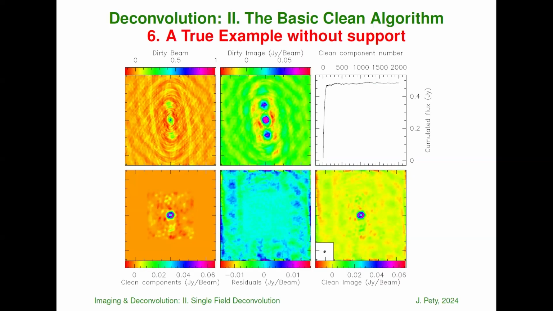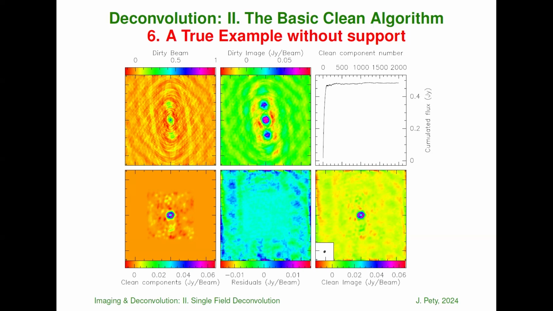So here I'm showing the dirty beam, the dirty image, and the cumulative flux as a function of the clean component number. At the start, the flux is increasing very fast, and then it's saturating. When I arrive here, I say, okay, this is one way to know that I have converged. The flux is almost flat.